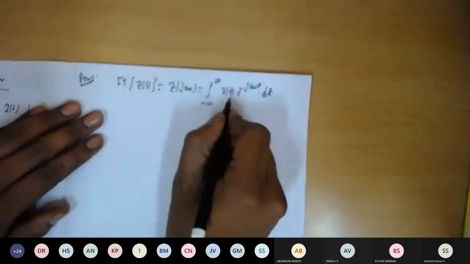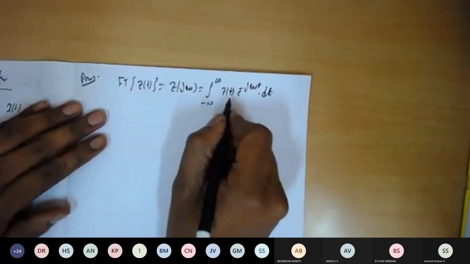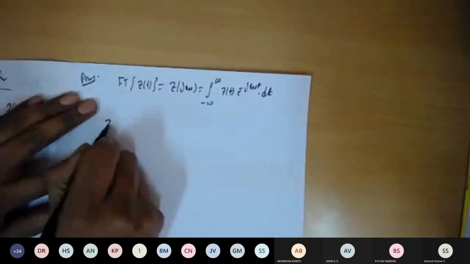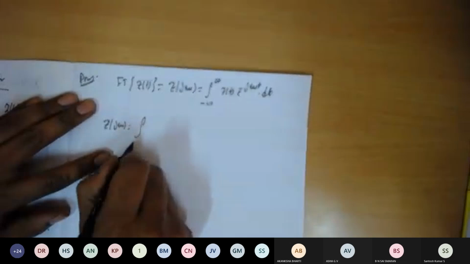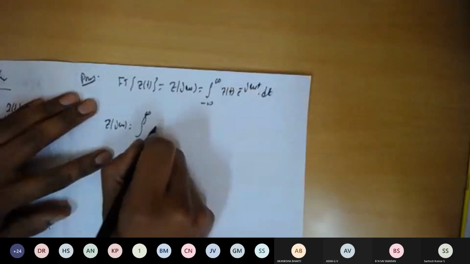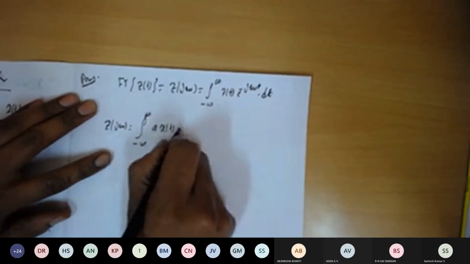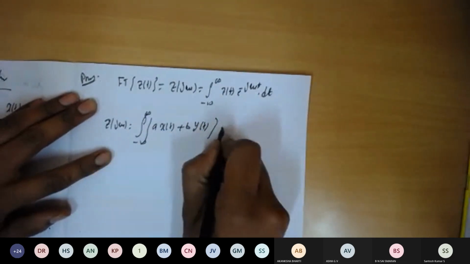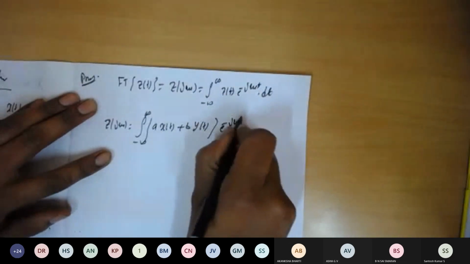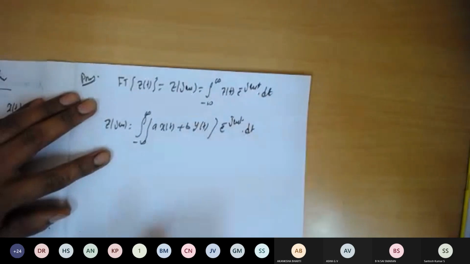Now, in place of z of t, I'm going to substitute z of t is equal to a into x of t plus b into y of t. So z of j omega is equal to integral from minus infinity to plus infinity of a into x of t plus b into y of t, into e to the power of minus j omega t into dt.